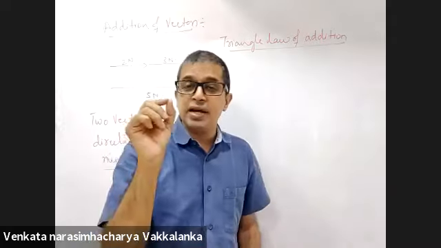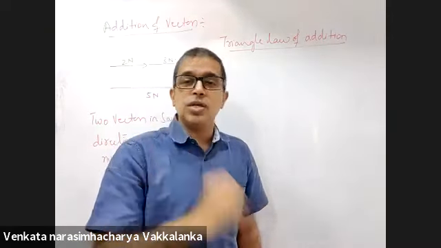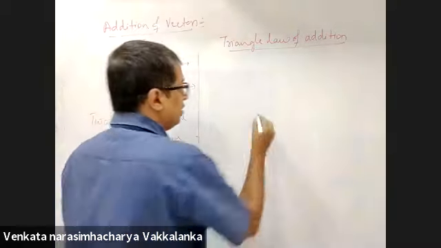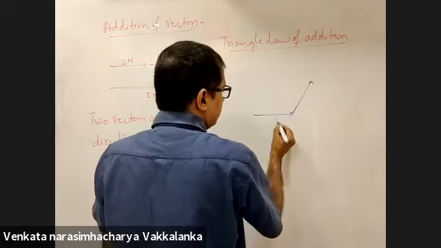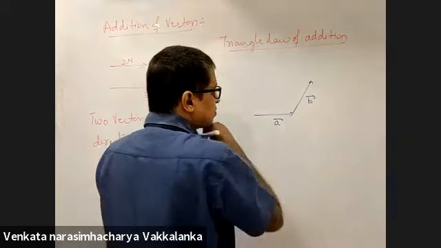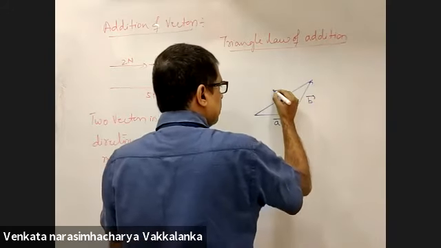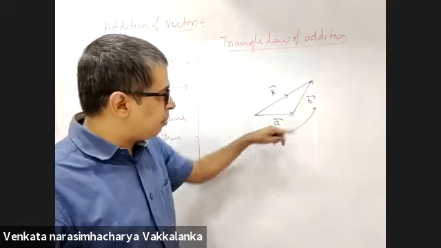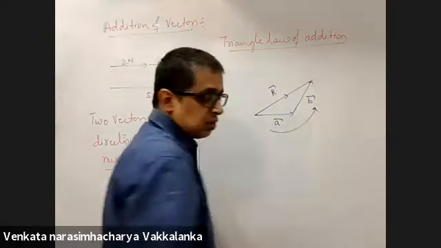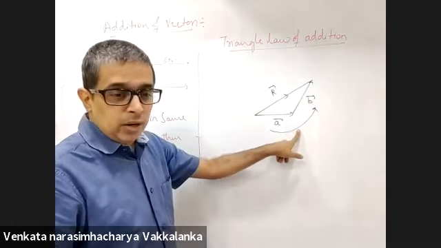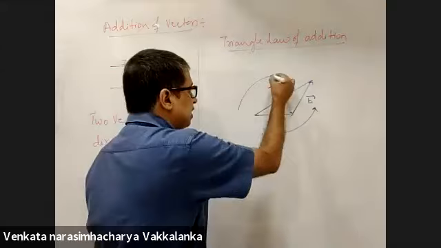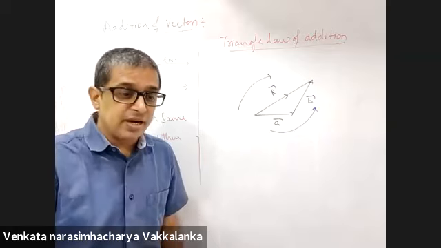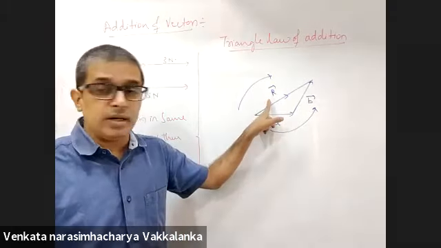If two vectors A and B are represented as two sides of a triangle taken in one order, the third side of the triangle taken in the reverse order will be the resultant.